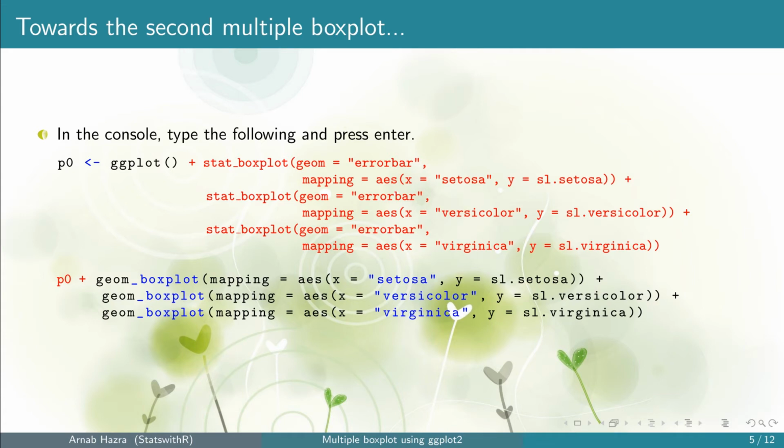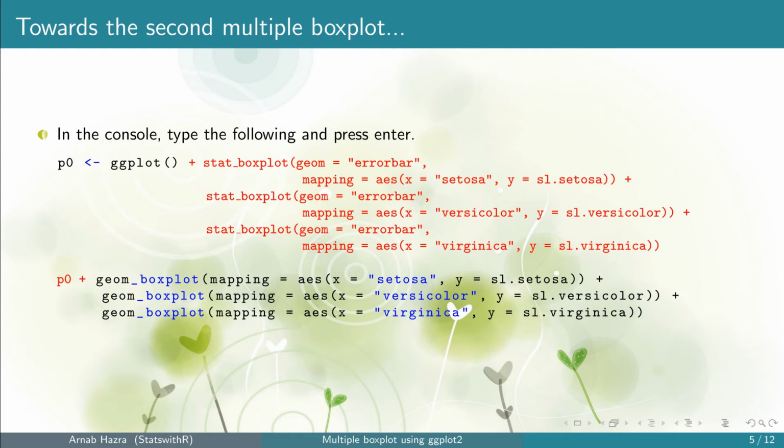So, we create an object p0 similar to the previous codes, except that the geom_boxplot function is replaced by stat_boxplot and we add geom equals to "errorbar" within quotes. Next, add the previous three lines of codes to p0.